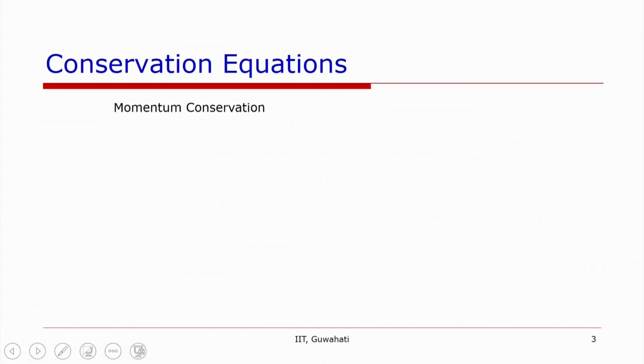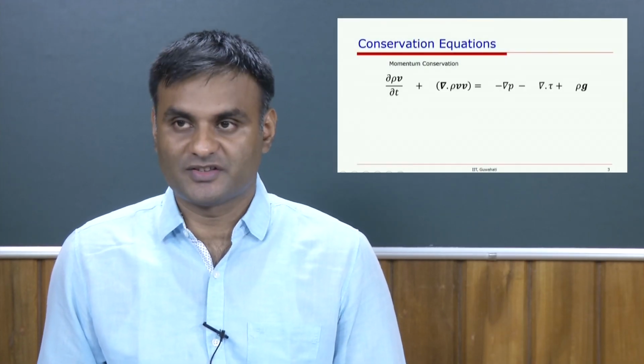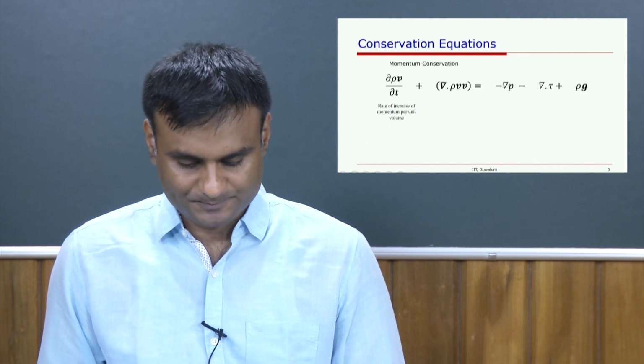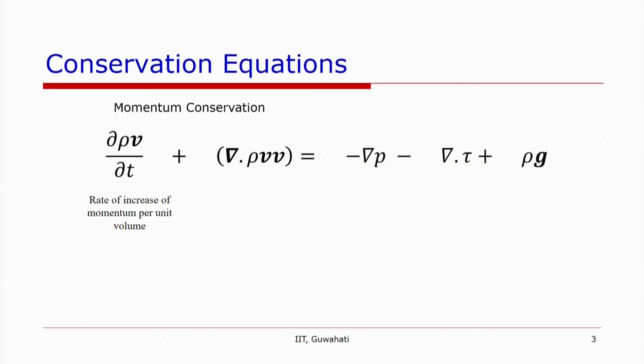The second conservation that we consider is momentum conservation, and the general momentum conservation equation looks like this. The first term represents the rate of increase of momentum per unit volume. Again this is in terms of per unit volume, rho v is the momentum per unit volume.